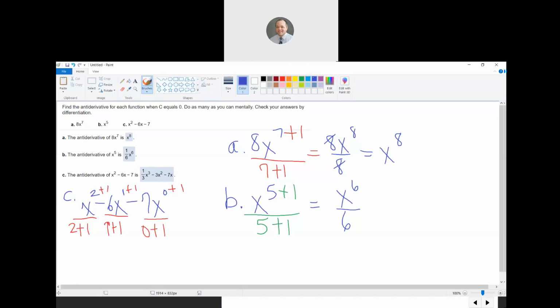First term's antiderivative would be x cubed over 3. Second term's antiderivative would be 6x squared over 2. But 2 can go into 6 3 times, giving us negative 3x squared.